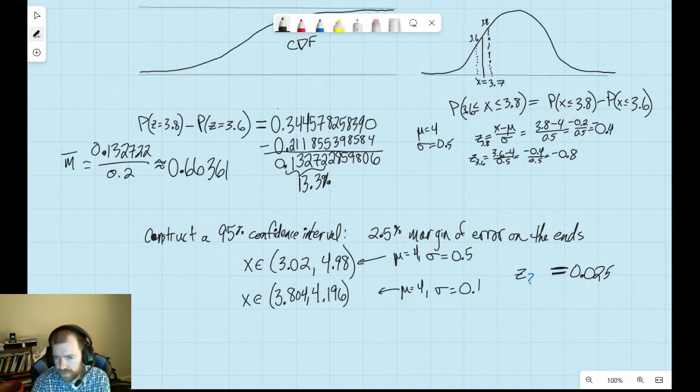Alright, cool. 1.95996 3986. Obviously more from there, but yeah. So negative 1.96 is actually close enough to just call it.